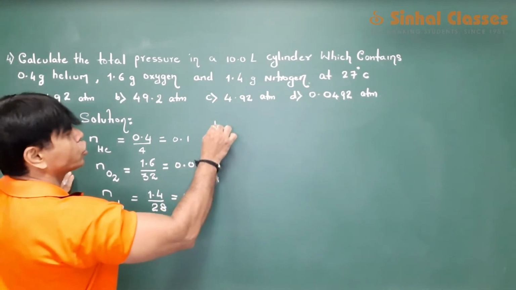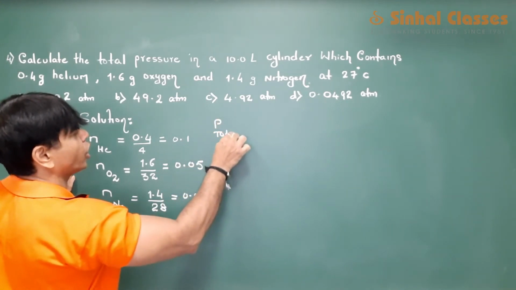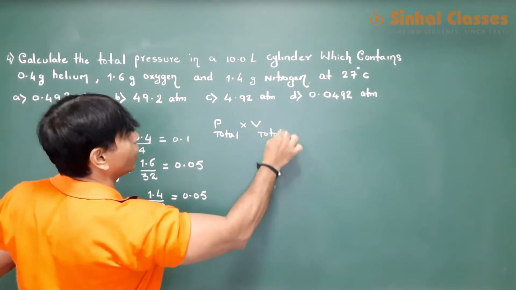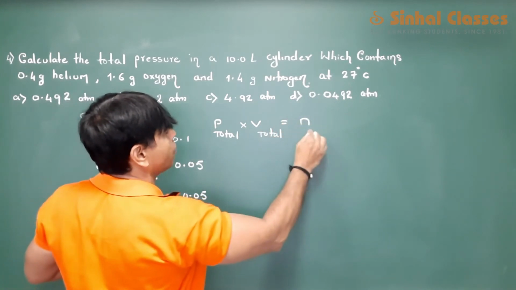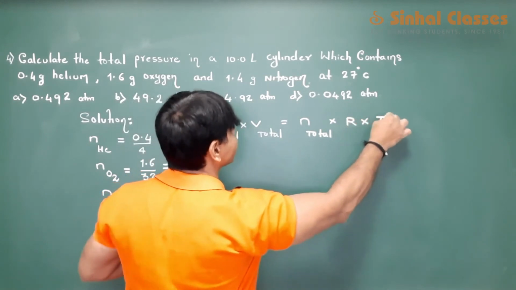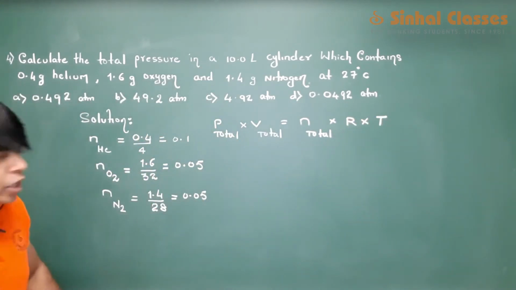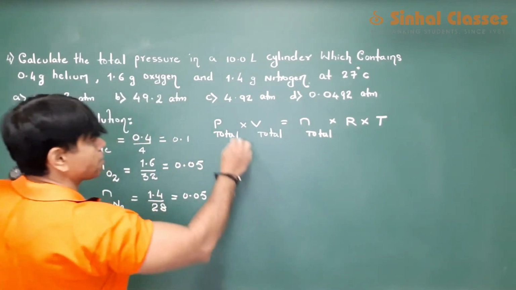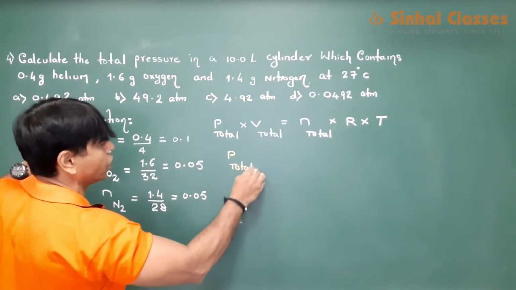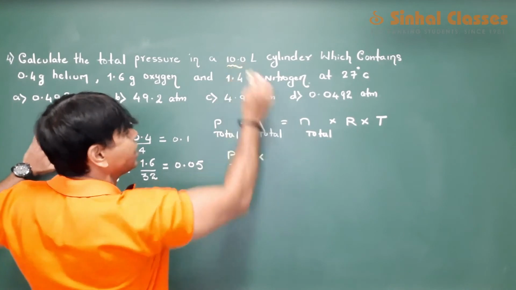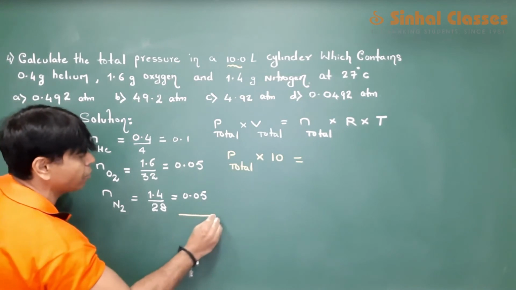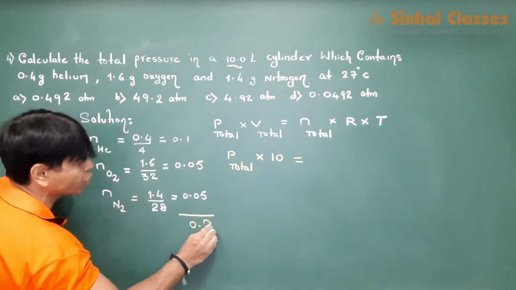Okay. Now total pressure into total volume will be equal to total moles into R into T, where T is temperature. So now just substituting the values, I require to find out total pressure. Total volume is given as 10 liters is equal to, now add these moles, total moles will be 0.2.